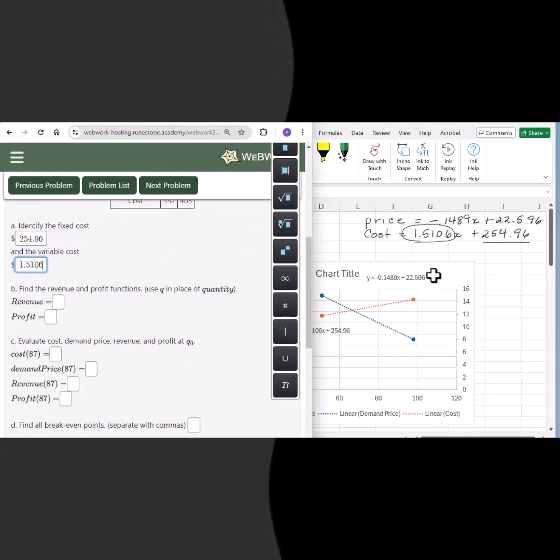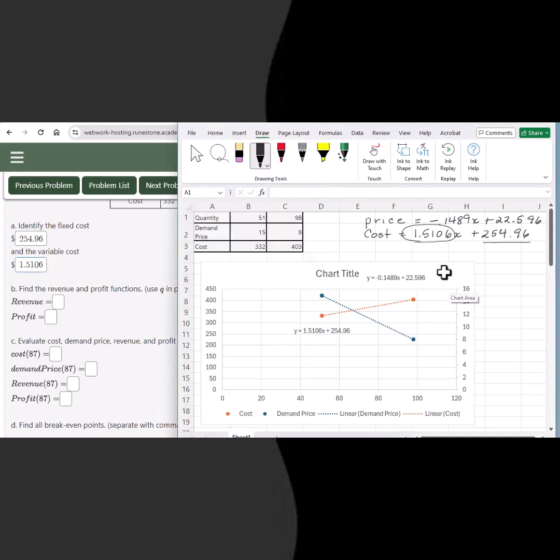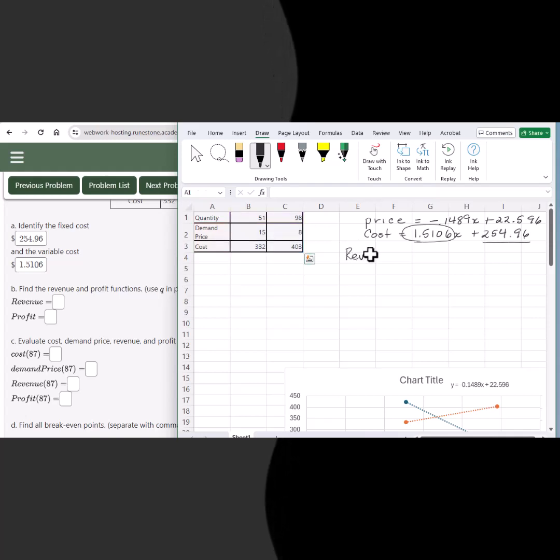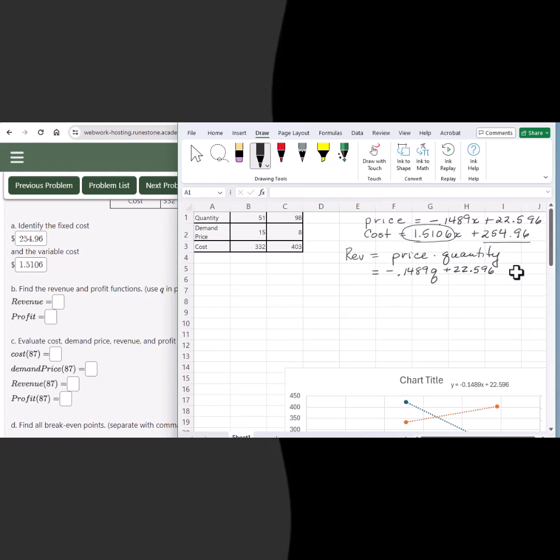Find the revenue and the profit functions. Move my chart out of the way for a moment. Okay, revenue, price times quantity. My price function is negative 0.1489, and while I'm thinking about it, let me take out the x and put in a q, plus 22.596.